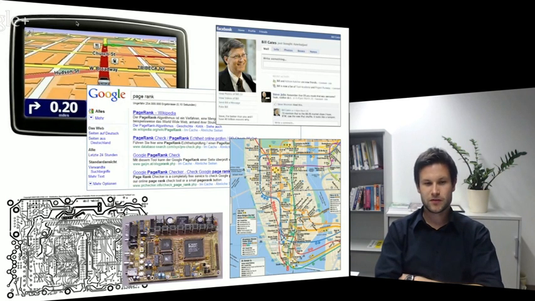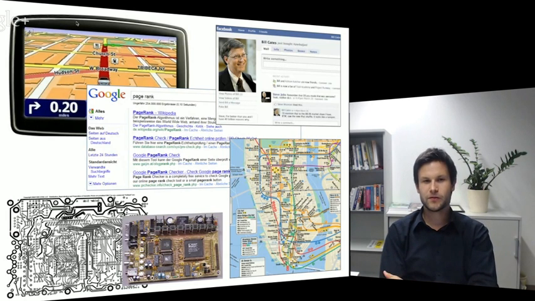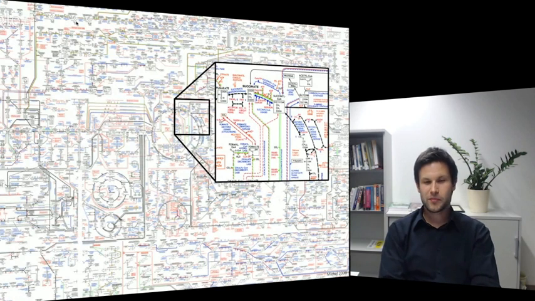Then, of course, Facebook is just a huge graph. You have it with electronics, so if it's about hardware, it's of course important to get a very compact layout on the motherboard of a computer, for instance, or also if you have an underground map, that's just graphs that you have.